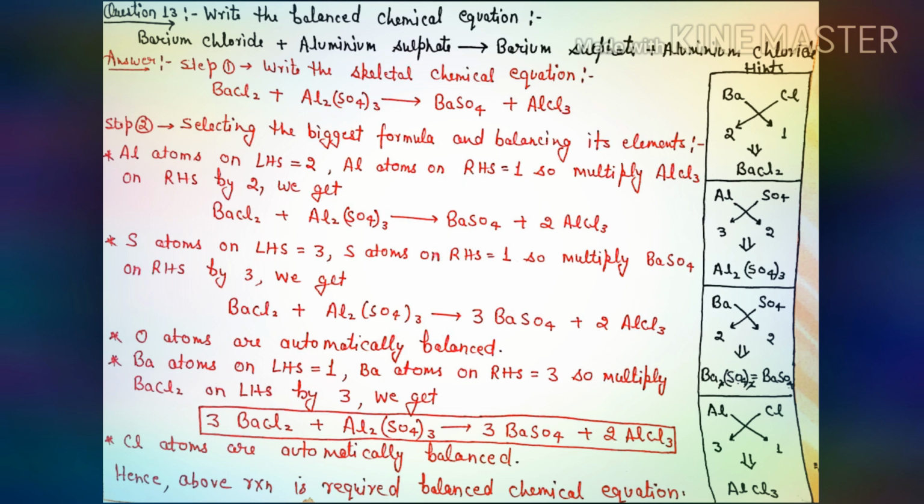Oxygen atoms are automatically balanced. Then barium atom on LHS is 1 and barium atoms on RHS are 3. So multiply barium chloride on LHS by 3. So we get this reaction, which is the balanced chemical equation because chlorine atoms are also automatically balanced. Hence the reaction enclosed in the bracket is the required balanced chemical equation.